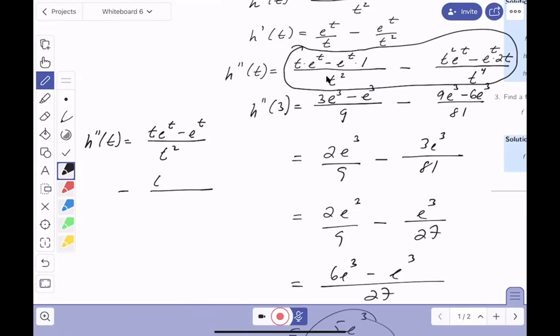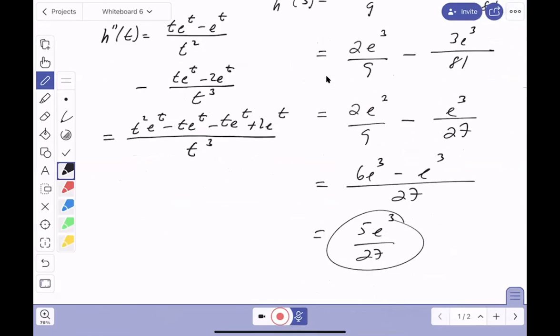So you get t e to the t minus 2e to the t over t cubed. I'm going to get a common denominator now. Common denominator would be t cubed. You would get t squared e to the t, minus t e to the t, minus t e to the t, plus 2e to the t.